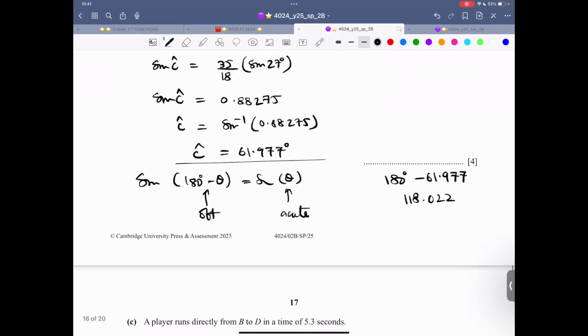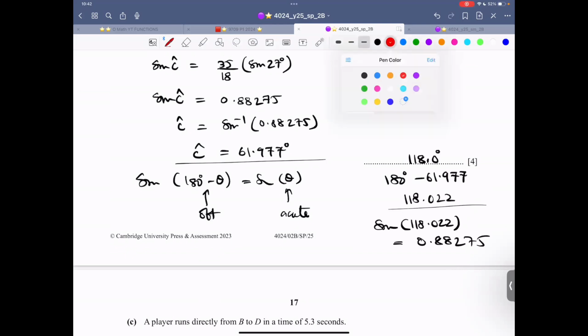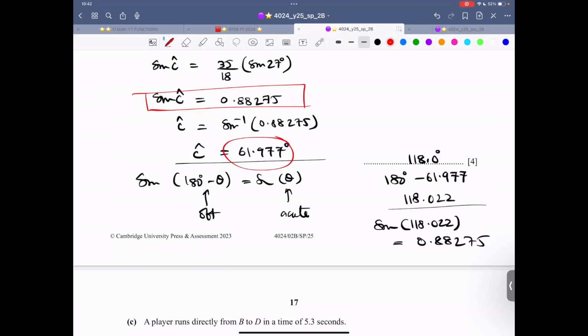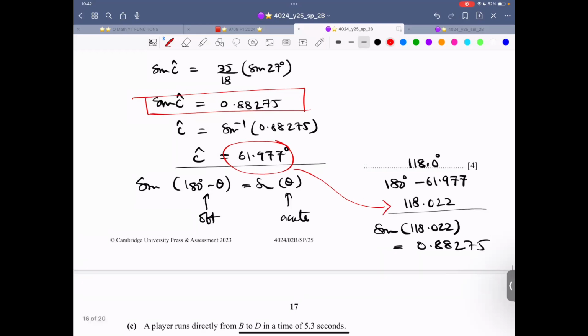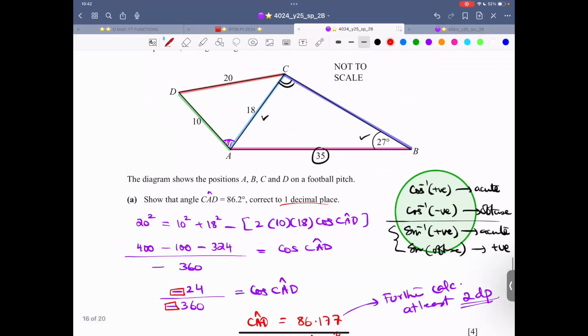Obtuse angle, again 1 decimal place. So therefore, this is 118.0. Why? Because sine of 118.022 also gives me the same thing, 0.88275. So there were two options. The calculator will give you only one option. In order to get the obtuse one, subtract from 180. So now I have found this angle also.